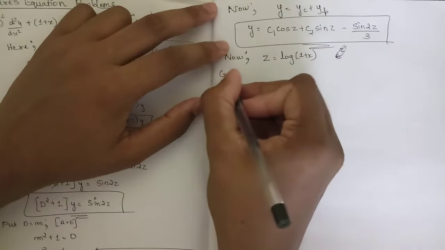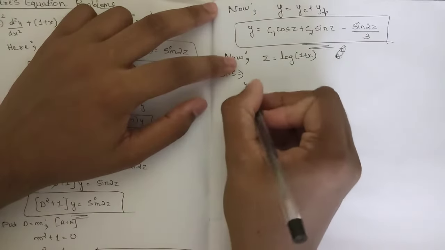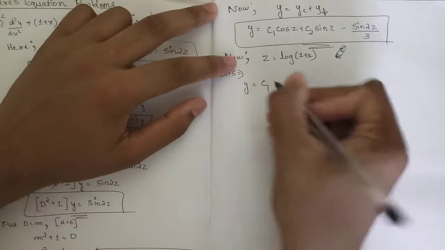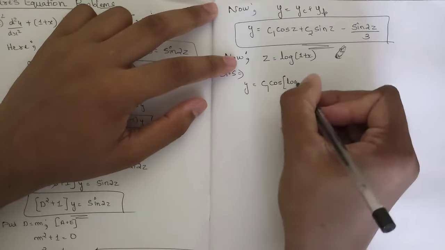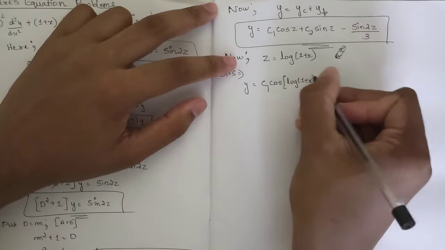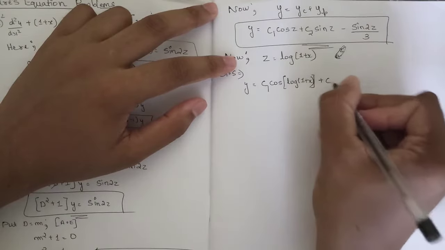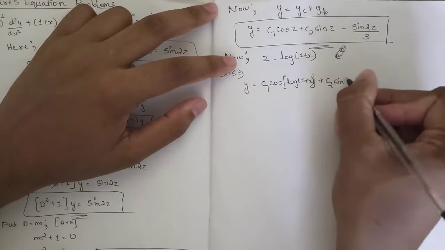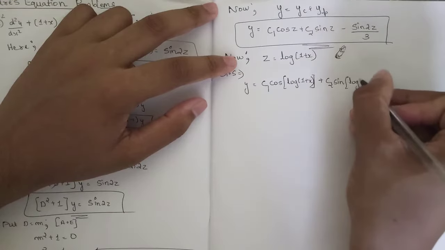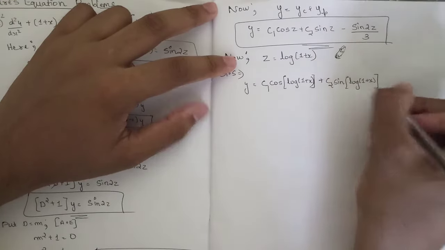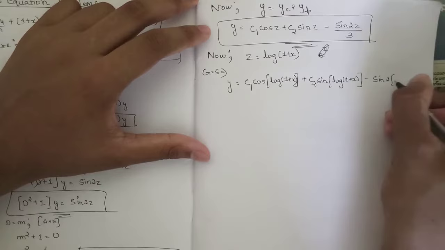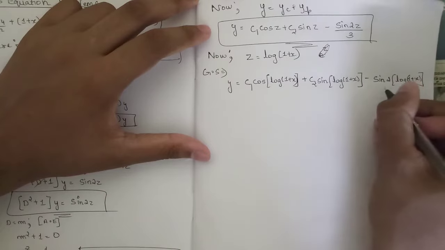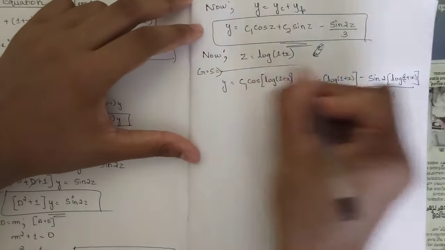Okay, so our final general solution would look like c1 cos of log(1 plus x) plus c2 sin of log(1 plus x) minus sin(2 log(1 plus x)) divided by 3.